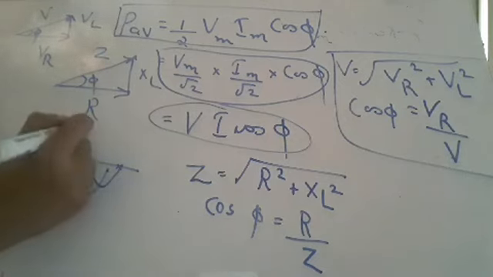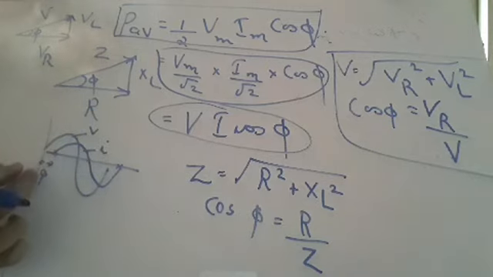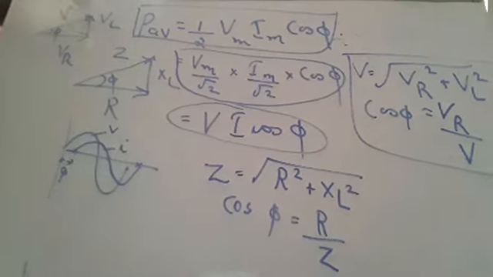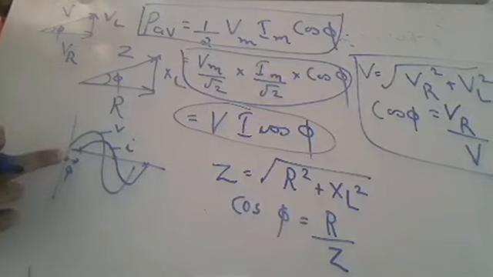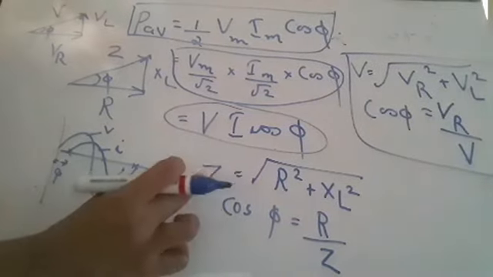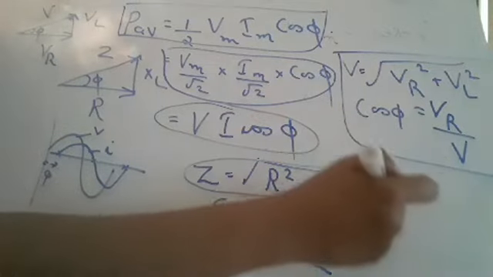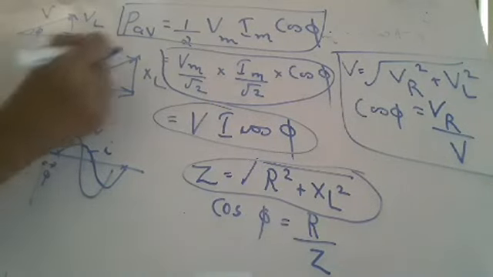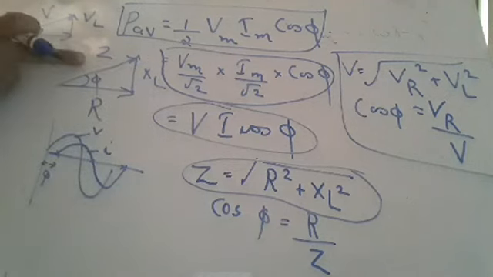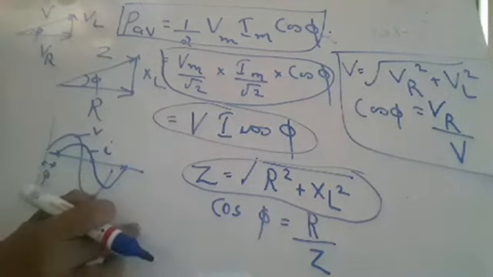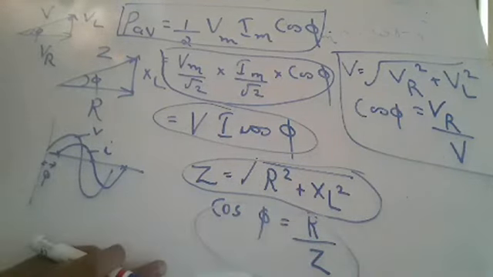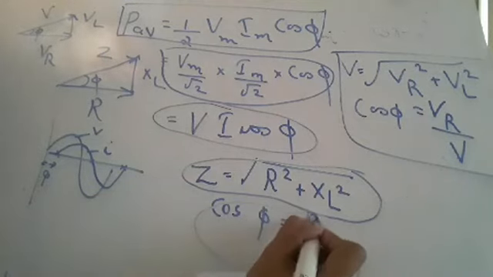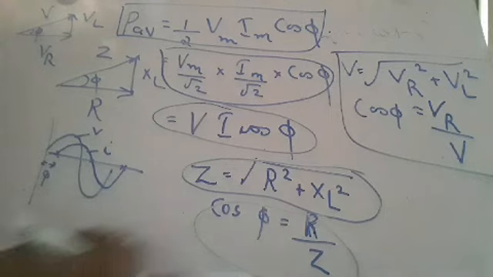Z is the impedance of the circuit, which is the hypotenuse of the impedance triangle, the root of R square plus XL square. Cos of this angle is adjacent side by hypotenuse, which is R by Z. So the power factor is the ratio of resistance to impedance.